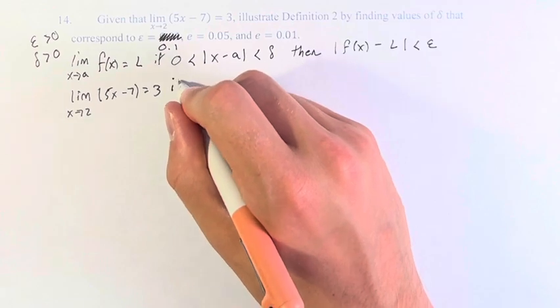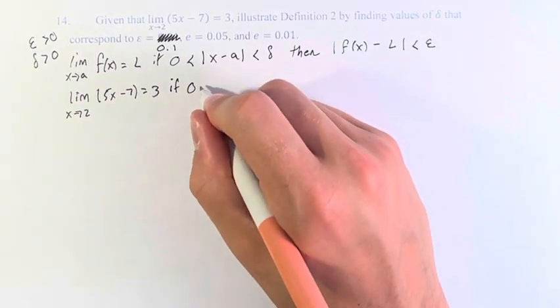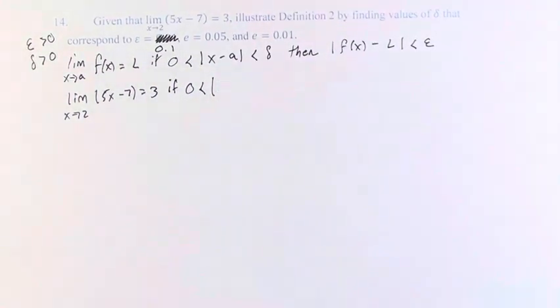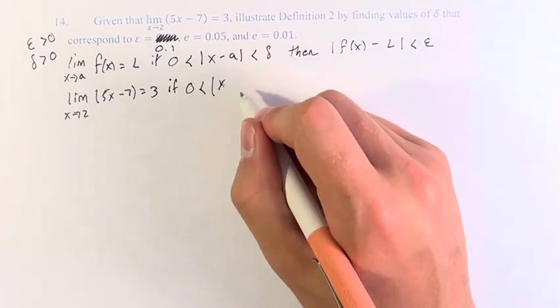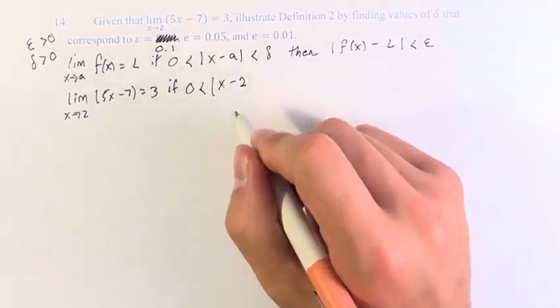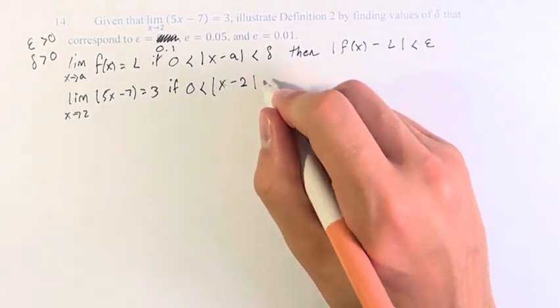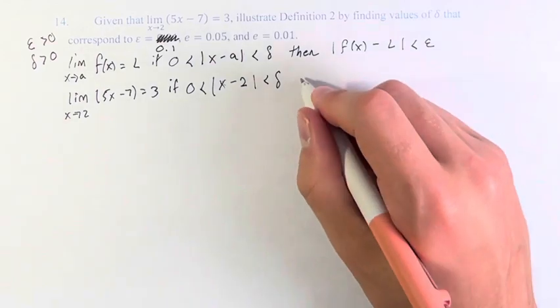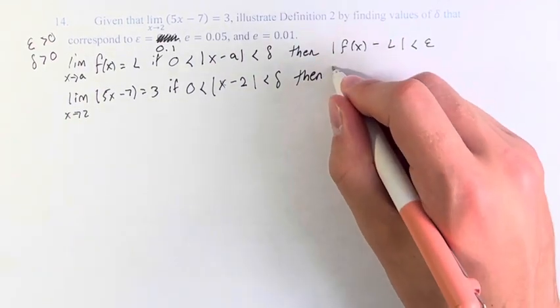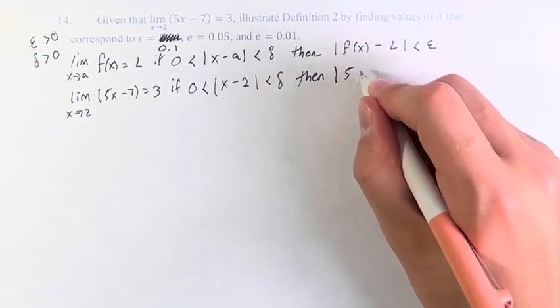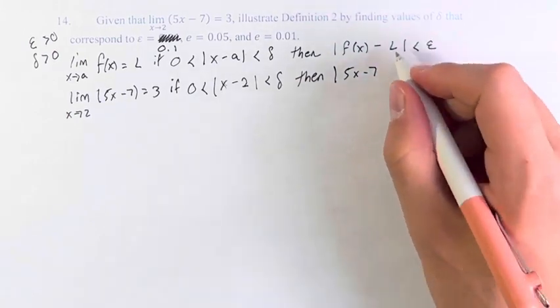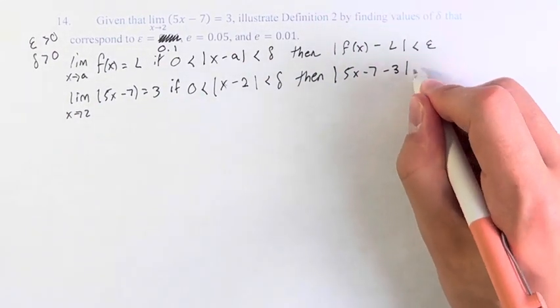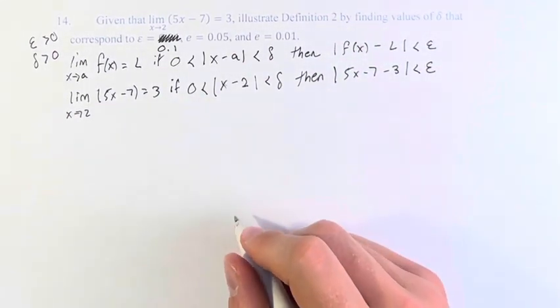So we'd be saying here, if 0 is less than, x here is just x, a is 2. If the absolute value of x minus 2 is less than delta, then the absolute value of f of x, which is 5x minus 7, minus L, which is 3, is less than epsilon.